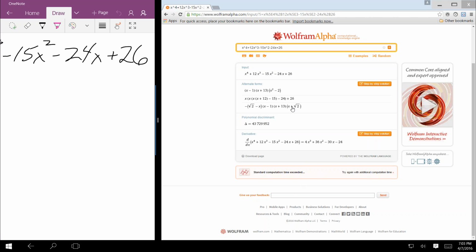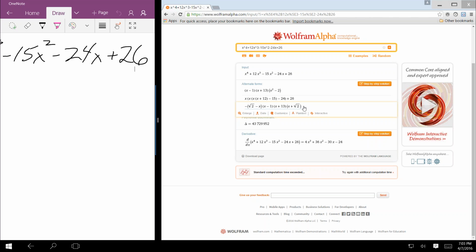But you can see that it gives you the four factors right here. That one is irrational, that one's rational, that one's rational, and that one is irrational. So the only rational ones are 1 and negative 13. And we could have discovered those.